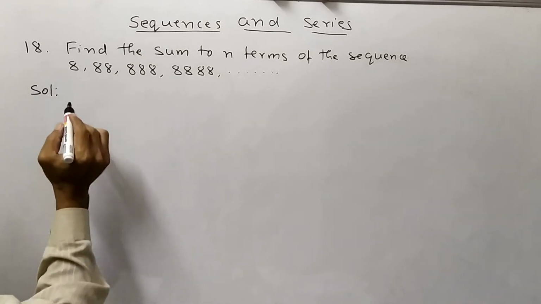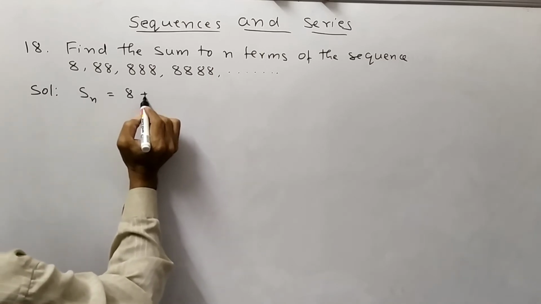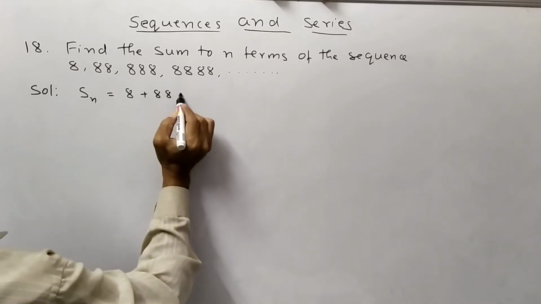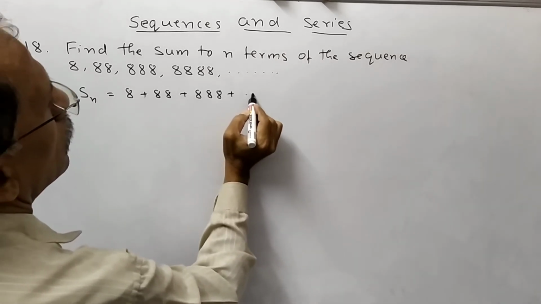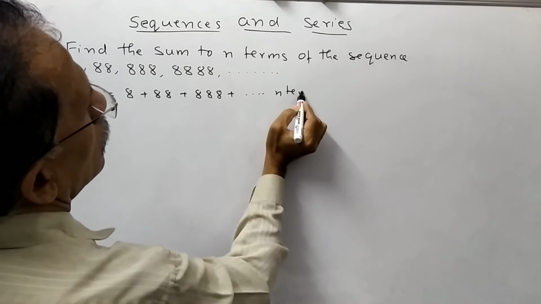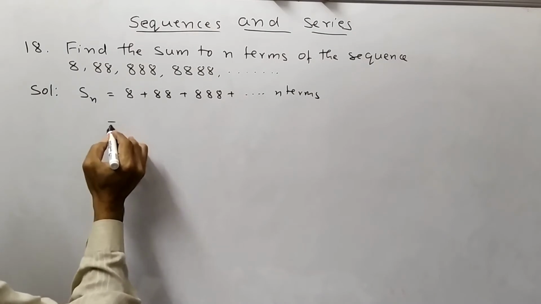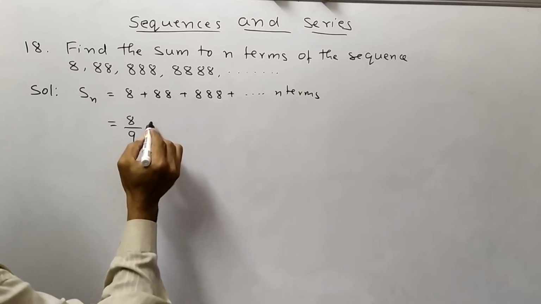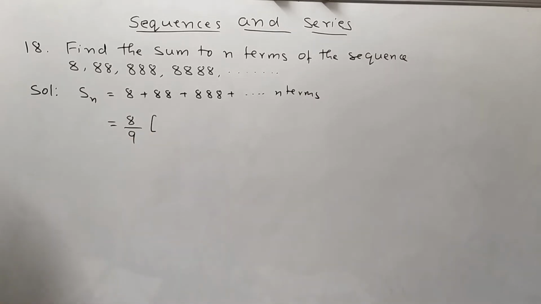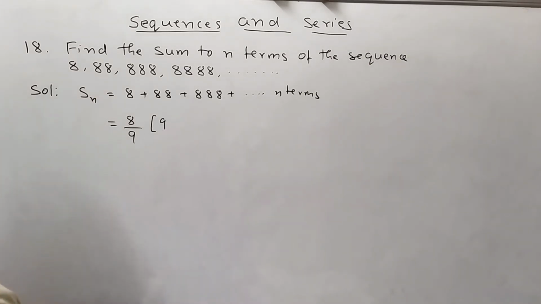Solution. Sn is equal to 8 plus 88 plus 888 plus so on, n terms, is equal to, when you take 8 by 9 common from all the terms, we will get 9 and 9 will get cancelled, so we will get 8.